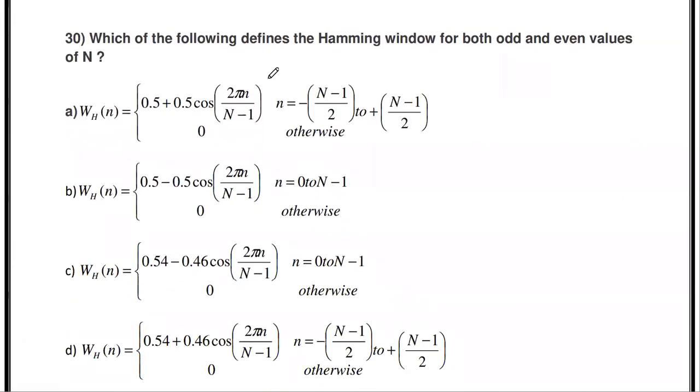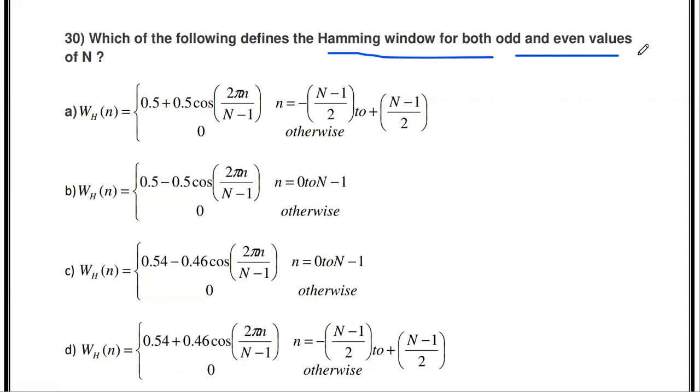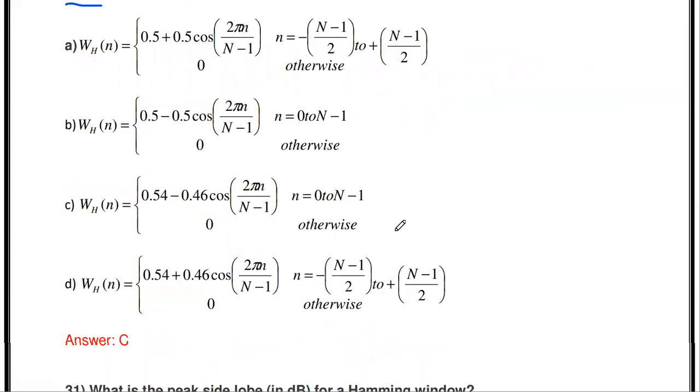The next question: which of the following defines the Hamming window for both odd and even values of n? For both values of n, we may use one formula. Which one is it? The WH of n is equal to 0.54 minus 0.46 cos 2 pi n by n minus 1 for n from 0 to n minus 1, 0 otherwise.